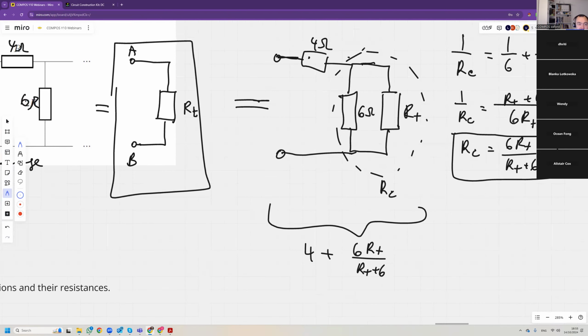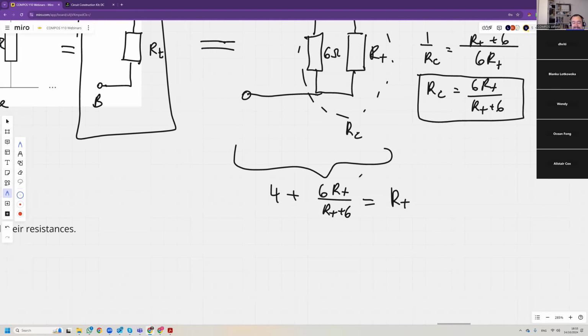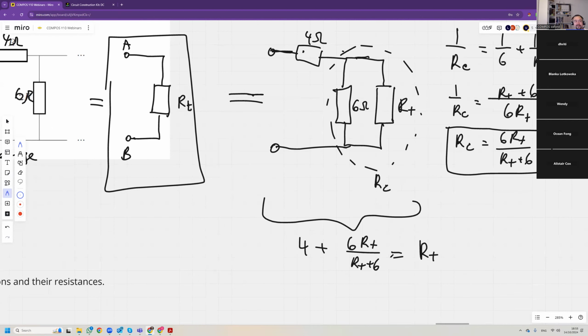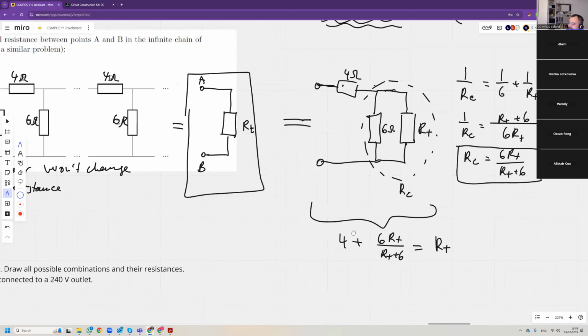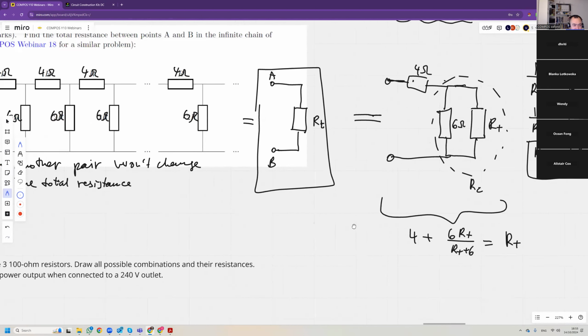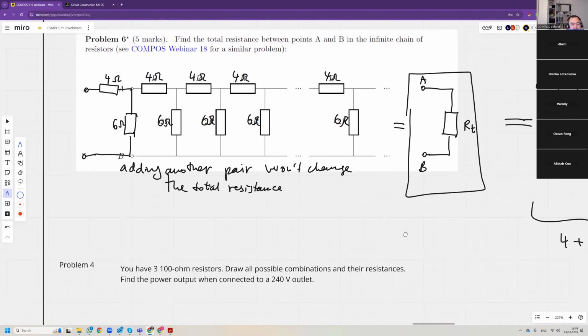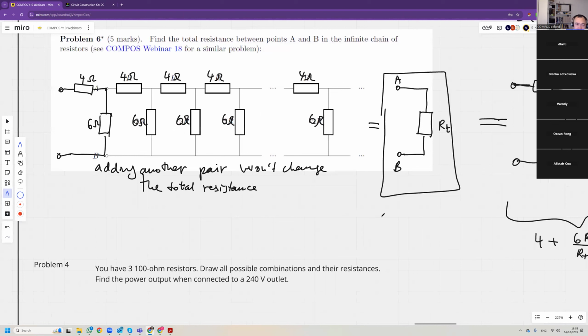But since this whole combination is equivalent to this one, the total resistance of this combination has to be RT. Okay, have I lost someone here? I hope not. So first step, you realize that the whole thing can be replaced with just RT.